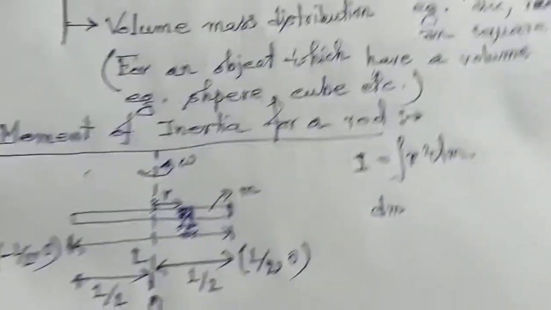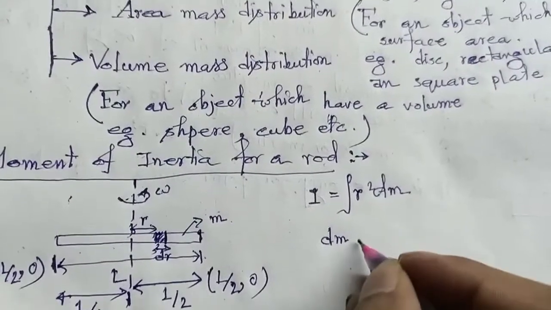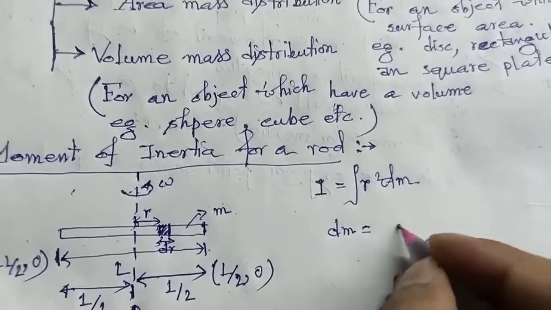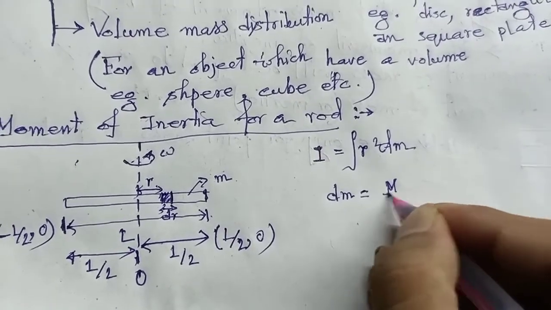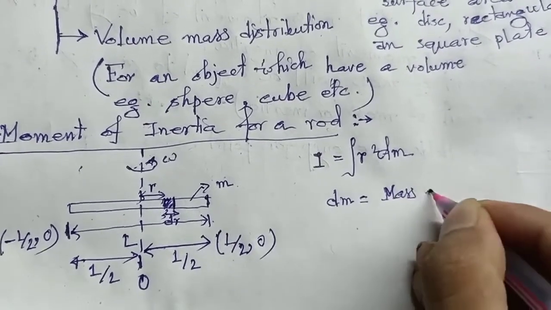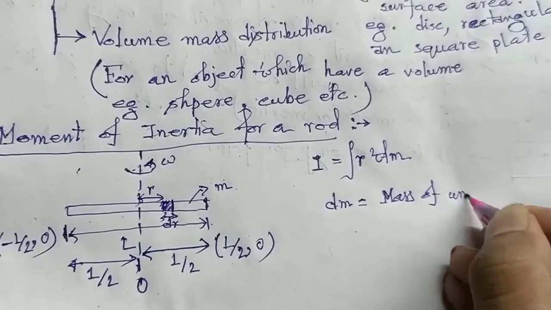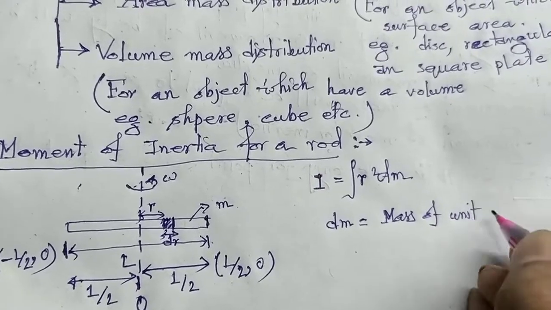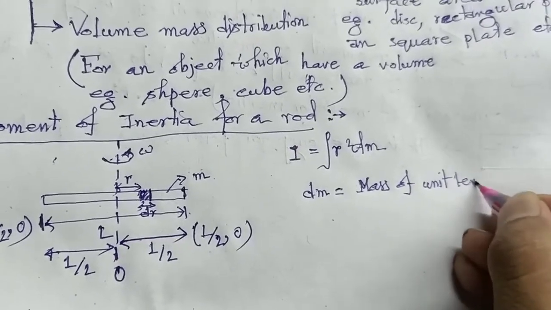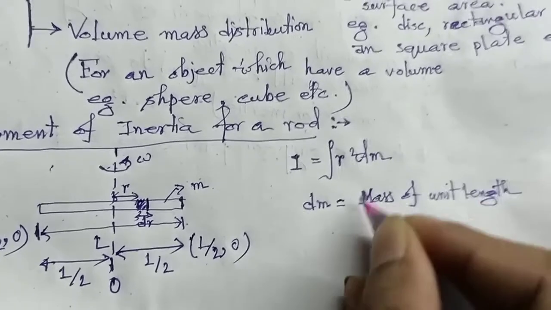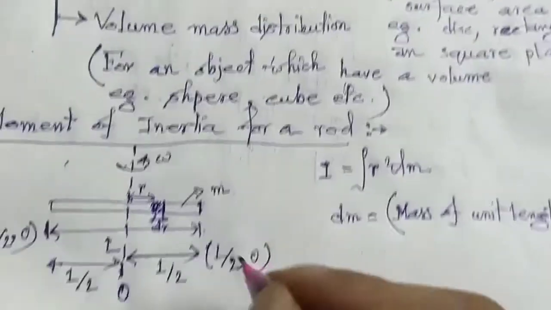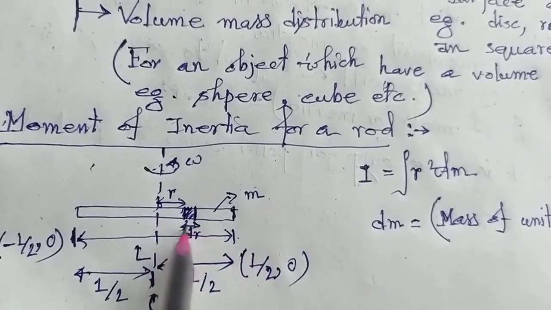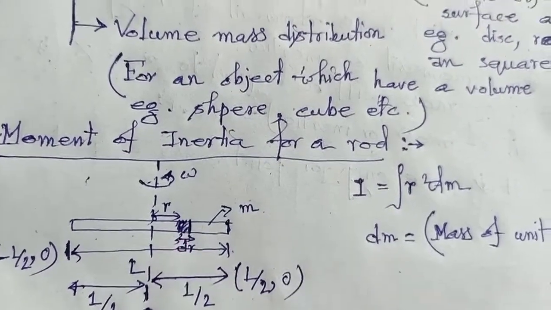So dm equals what? dm equals mass per unit length multiplied by the thickness of the element.